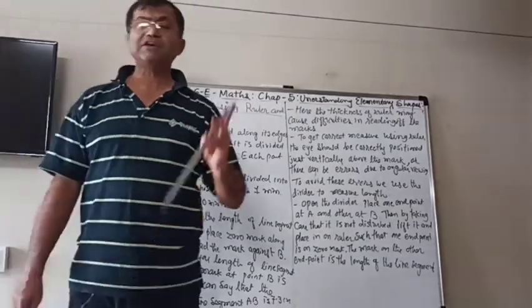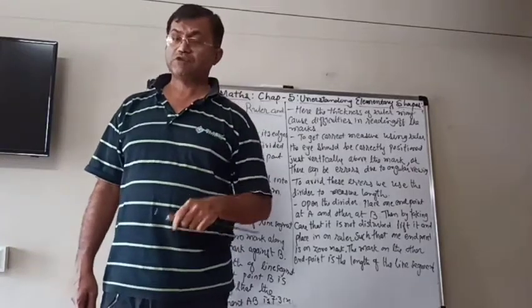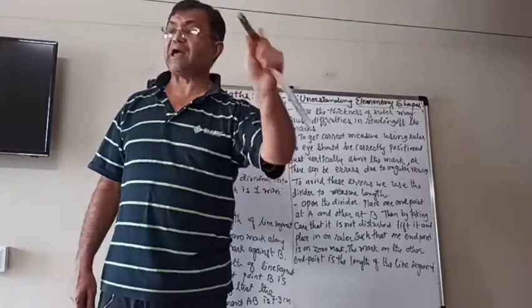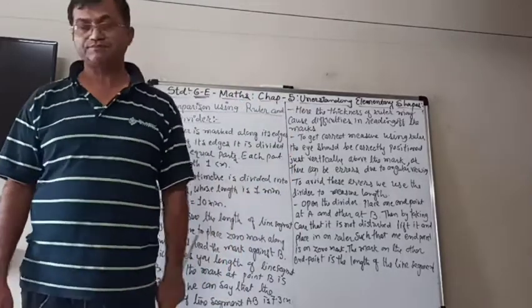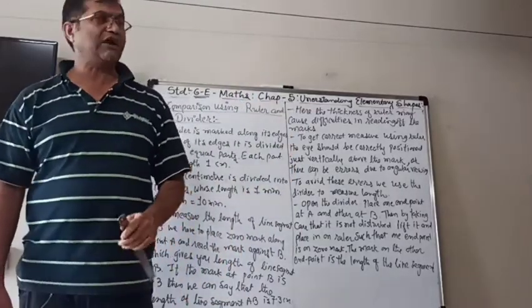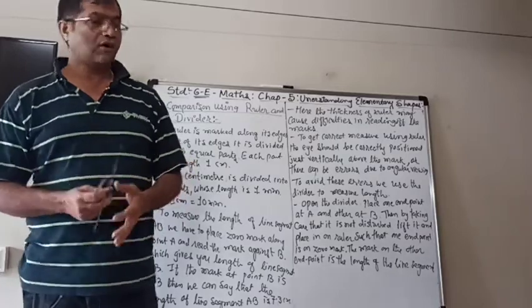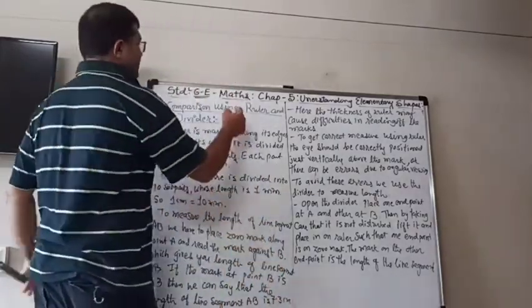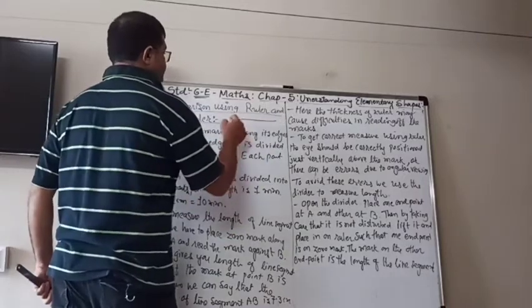Now how can we use this ruler to measure the length of the given line segment for the comparison? Suppose this is my line segment AB here.